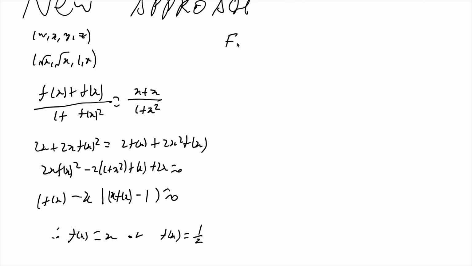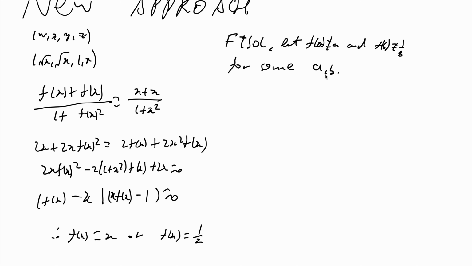For the sake of contradiction, let f of a not equal a and f of b not equal 1 over b, for some a and b. Now notice that if f of a is not equal to a, then f of a must be 1 over a, because f of x must be x or 1 over x.